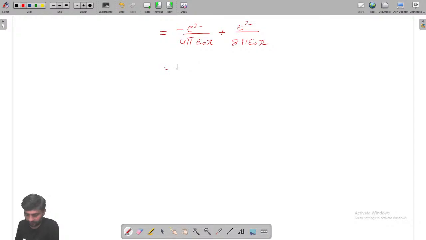You will get the energy of an electron is going to be minus e square by 8 pi epsilon naught r.